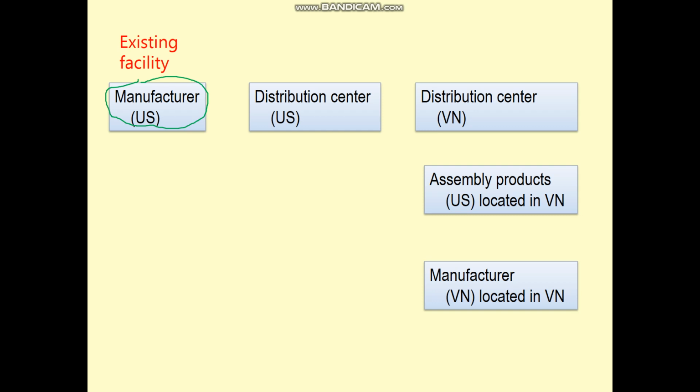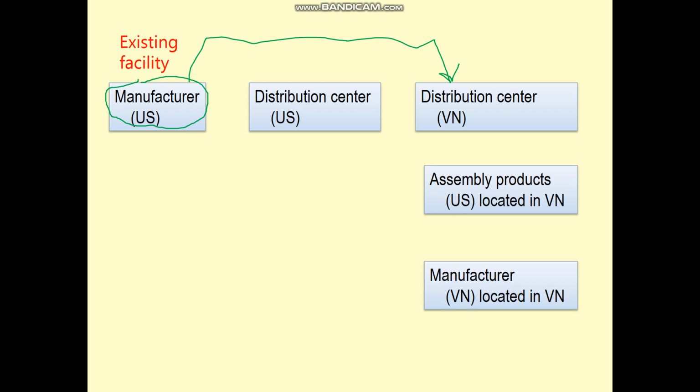The second option is they export the product. The manufacturer in the US makes the products in existing facilities, and then sells them to the Vietnam market, maybe to a distribution center in Vietnam.